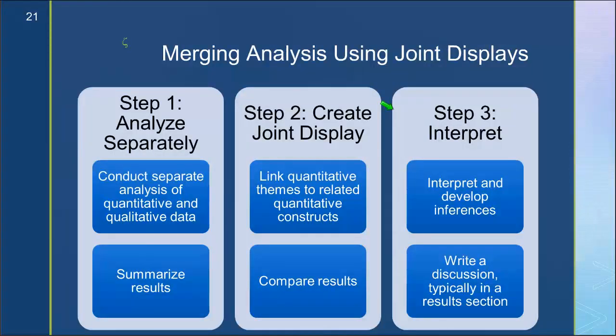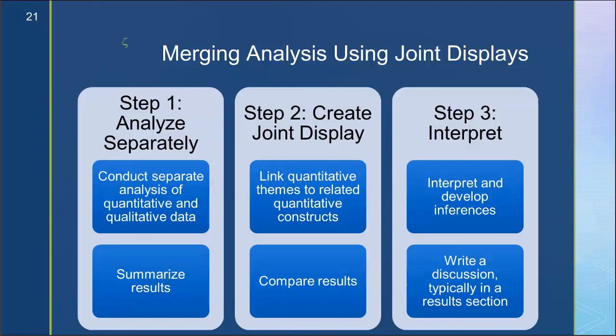So if you're interested in merging using joint displays, here are a few different steps that I recommend. First, analyze quantitative and qualitative results separately, and separately could mean iterative, that we're sometimes going back and forth between what we're learning quantitatively and qualitatively. We are then summarizing those results, so what we've learned from our quantitative and our qualitative components. Step 2, create a joint display where we're linking, and this is a typo, it should say qualitative themes to related quantitative constructs.